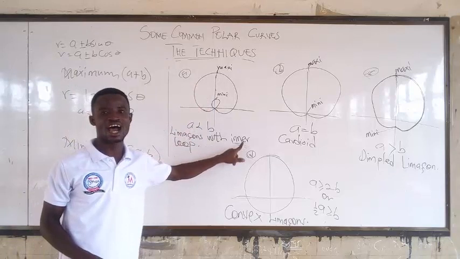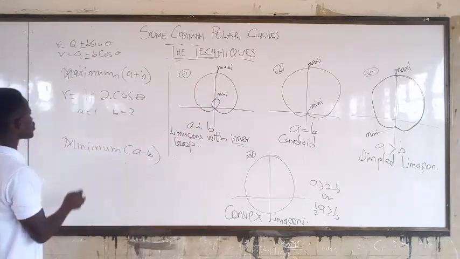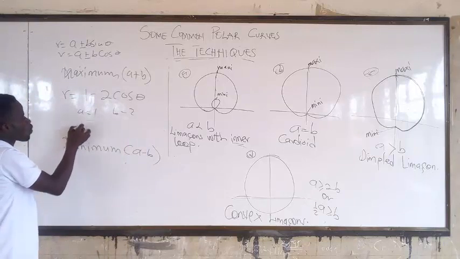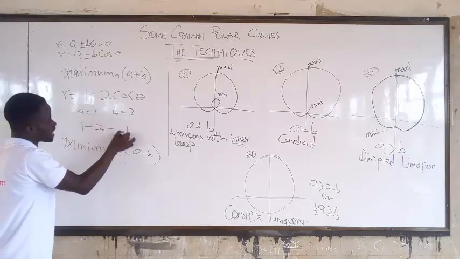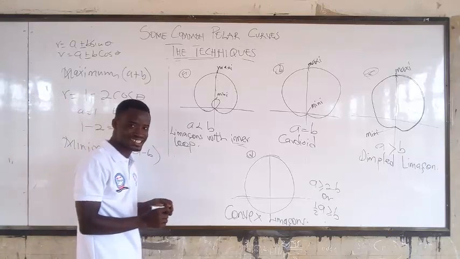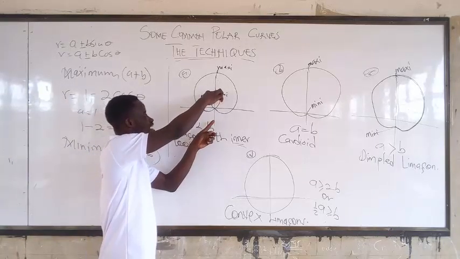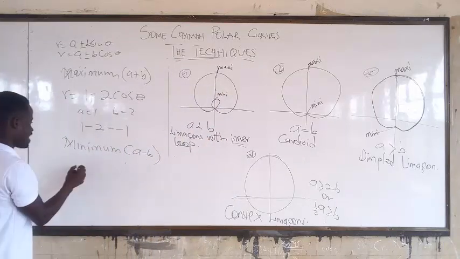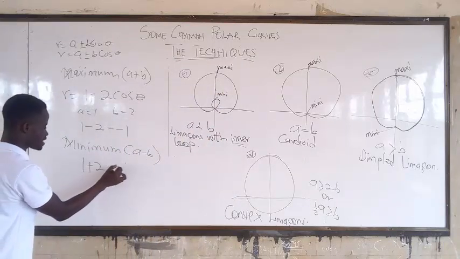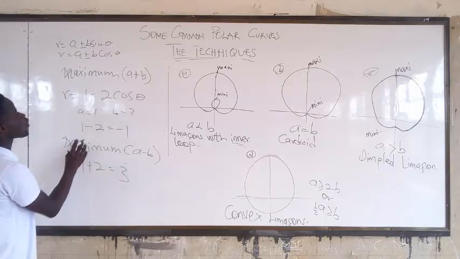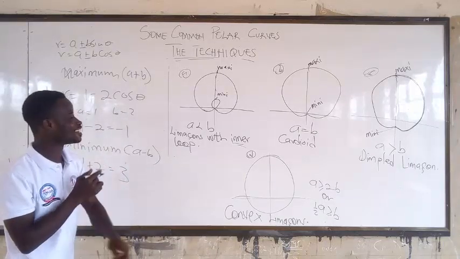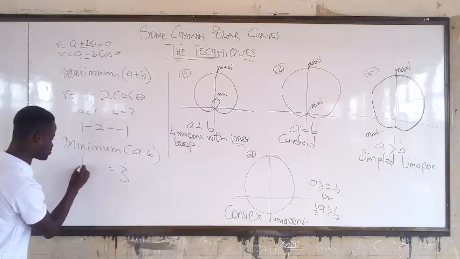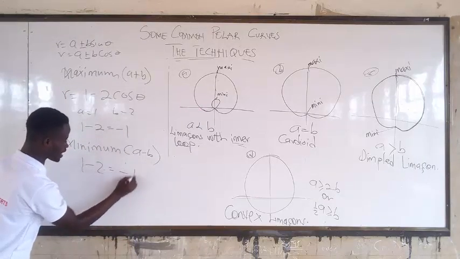It's going to be a limaçon with an inner loop. So go for the minimum. The minimum is going to be 1 minus 2, which is negative 1. That means that here is going to be negative 1.